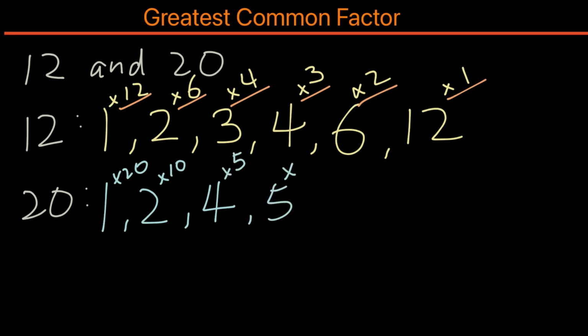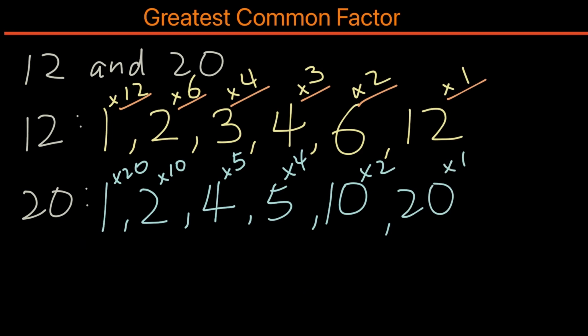Now 5 times 4, also 20. 6 doesn't work. 7 doesn't work. 8 doesn't work. 9 doesn't work. Next is 10 because 10 times 2 is 20. And lastly, we have 20, which is 20 times 1.